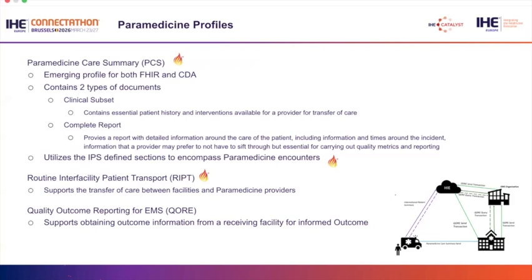There are two document types: the clinical subset, which is utilized for patient history and interventions relevant to providers' transfer of care, and a complete report, which provides a complete detailed report with information such as height of the fall, things that are maybe less interesting in a moment of transfer of care than they are for quality metrics and reporting to maybe registries.